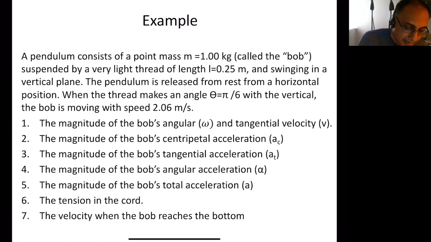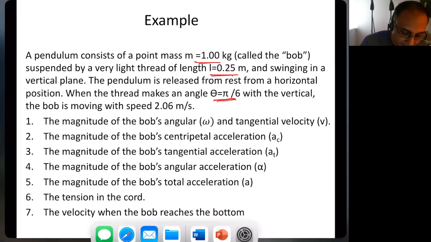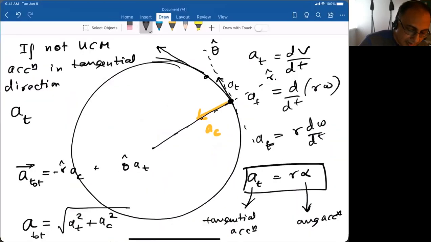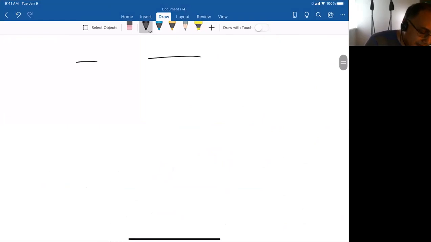A pendulum is, you're given the mass of the bob of the pendulum, and you have the length of the thread, and so it's swinging in a vertical plane, right? All right, and it's released from rest, and when the thread makes this particular angle with the vertical, you're given the speed at which the bob is moving. So what we are told is that there is this pendulum, and it's been released from rest from a horizontal position. So the bob is tracing out this circular arc.